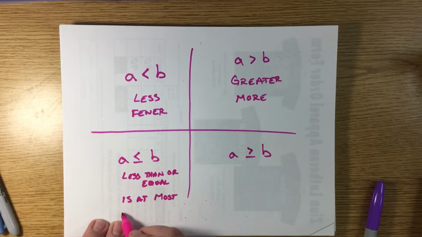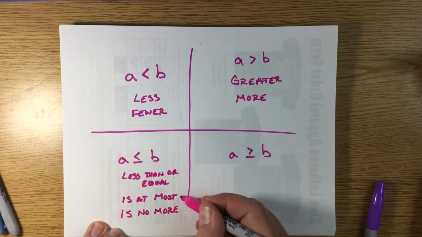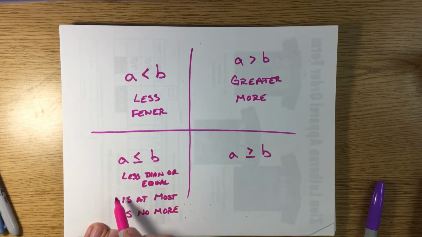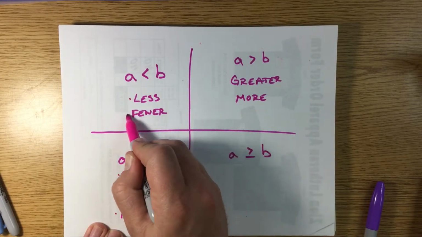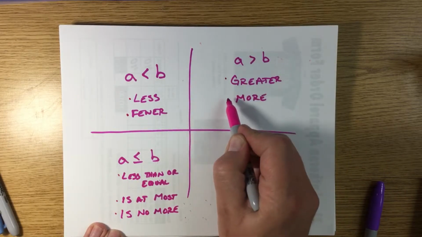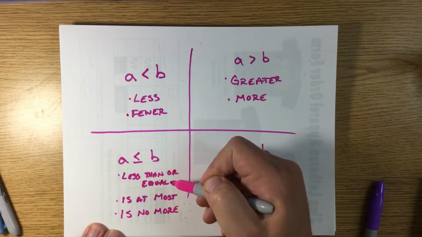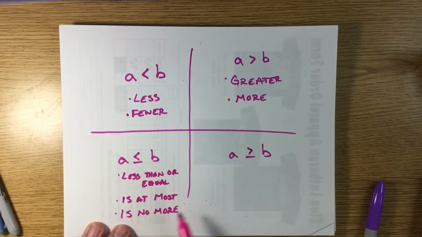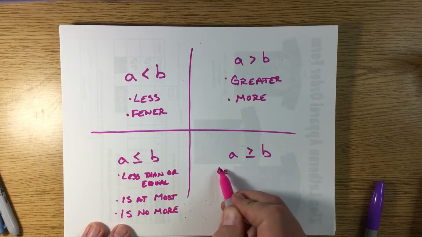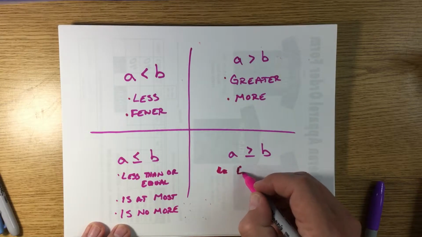Or you could say A is no more than B. Just two different ways of saying the same thing, but this is vocabulary that's going to pop up. A is less than B, A is fewer than B, greater than B, A is more than B, and down here we have less than or equal to, is at most, is no more, and you might be able to guess what we're going to do over here. Oops, I already goofed that up. A is greater than or equal to.